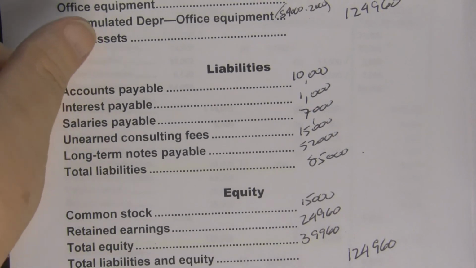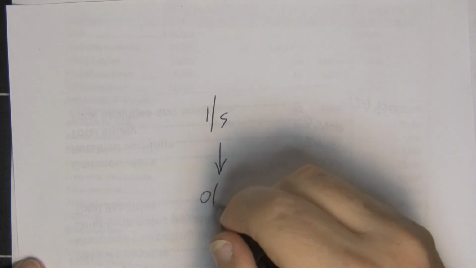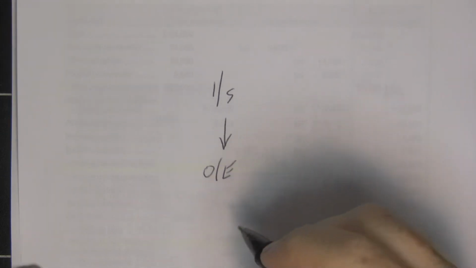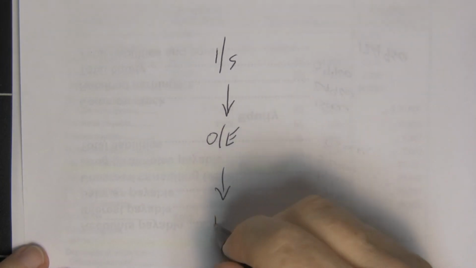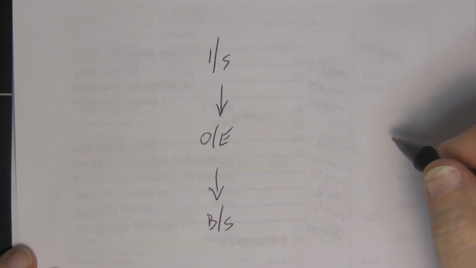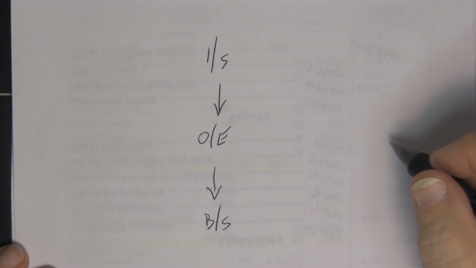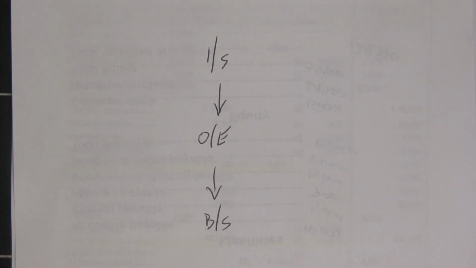And remember, order is important. You have to go income statement, statement of owner's equity, balance sheet. Ready, aim, fire is not the same as ready, fire, aim. Order is important.